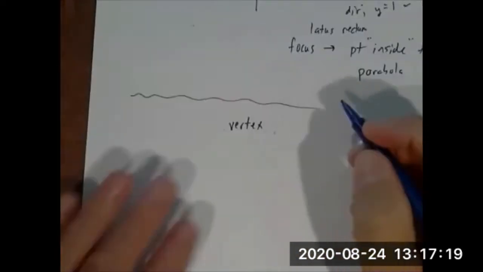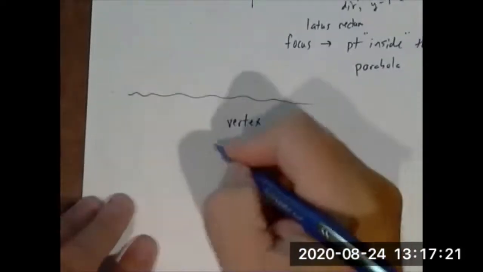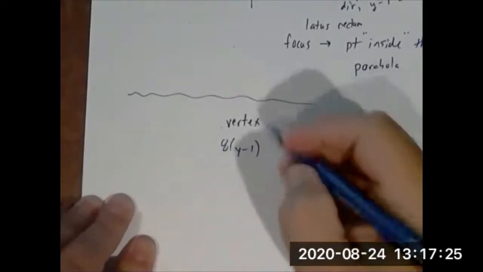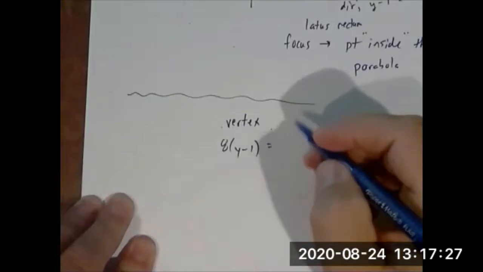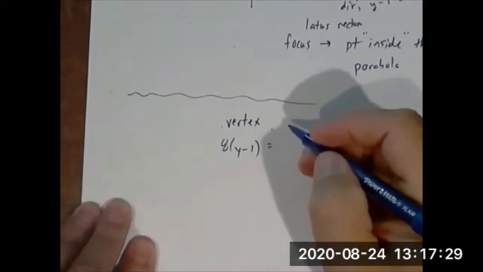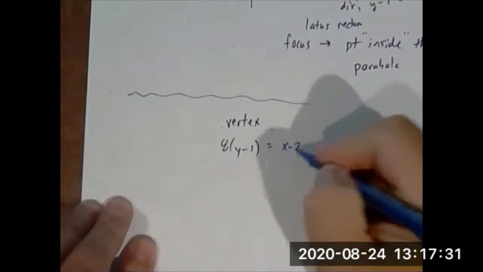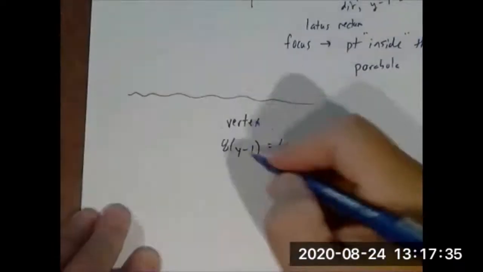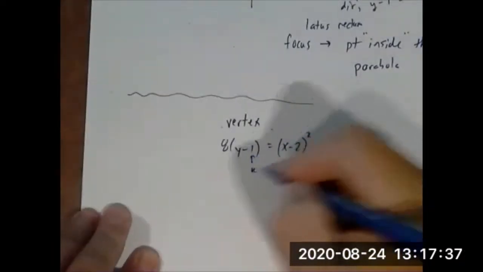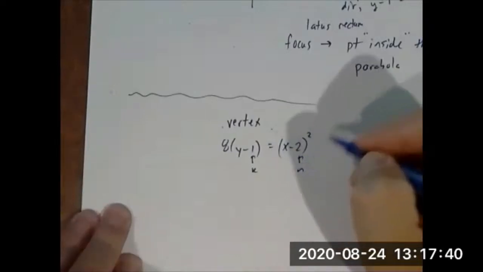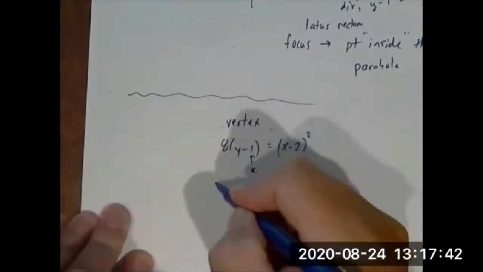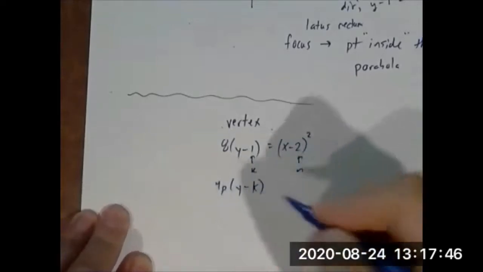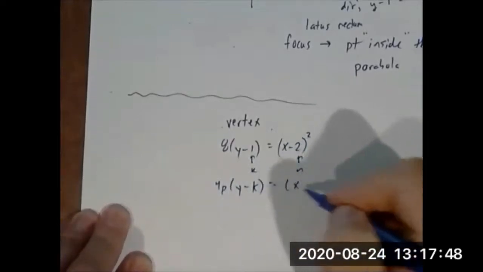So for instance, the problem we just did was 8 times (y - 1) = (x - 2) squared. And we determined this was the k, this was the h. And it was pretty simple because we knew the standard equation, everything lined up nicely.